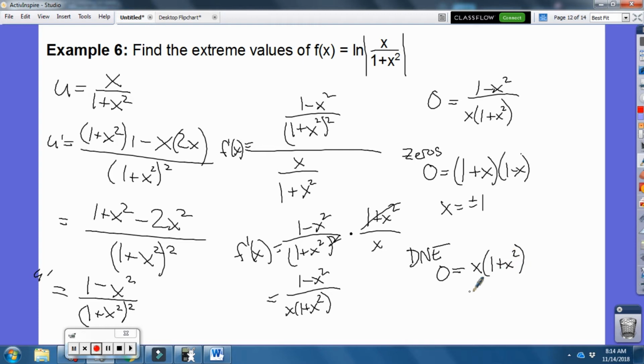So it definitely does not exist at x equals 0, and we can also try to find when 1 plus x squared equals 0, but there's going to be no point where that happens.